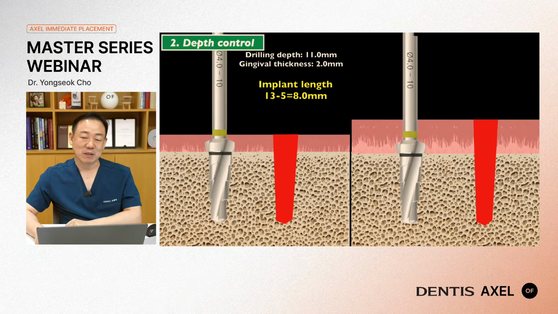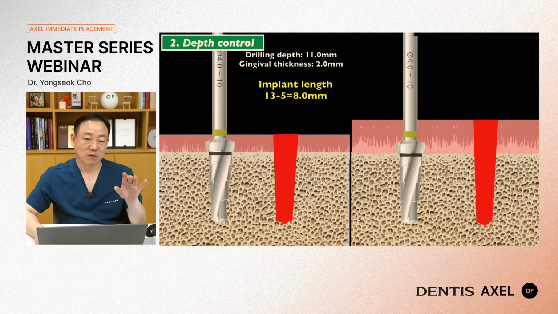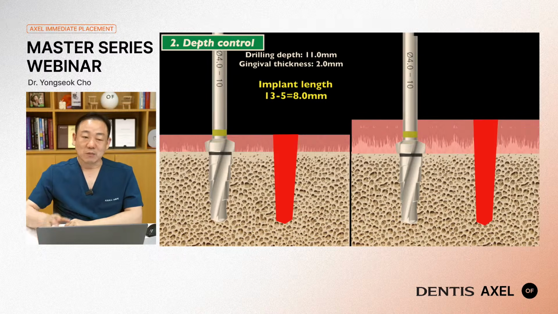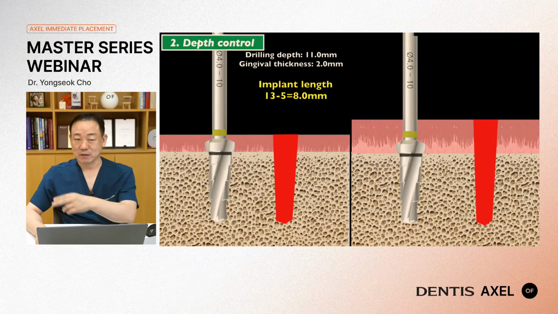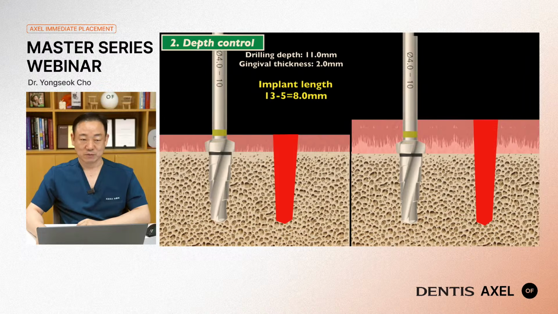When you place it 4 millimeter deep from the gingival margin, the available height is 9 millimeter. Anyway, even if we are using the same length of drill, the situation will change depending on the thickness of soft tissue, as on the right picture, which has a thick soft tissue.